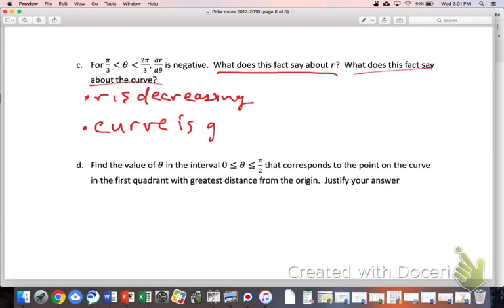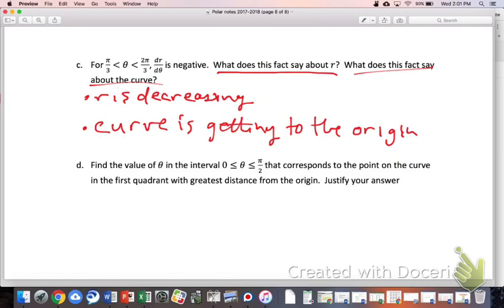The curve is getting closer to the origin, or you could say the pole, since we're talking about a polar graph. Okay. Does that make sense? Hoping that all of our work on what a polar curve is and what the radius is doing really helps you understand why C is what it is.